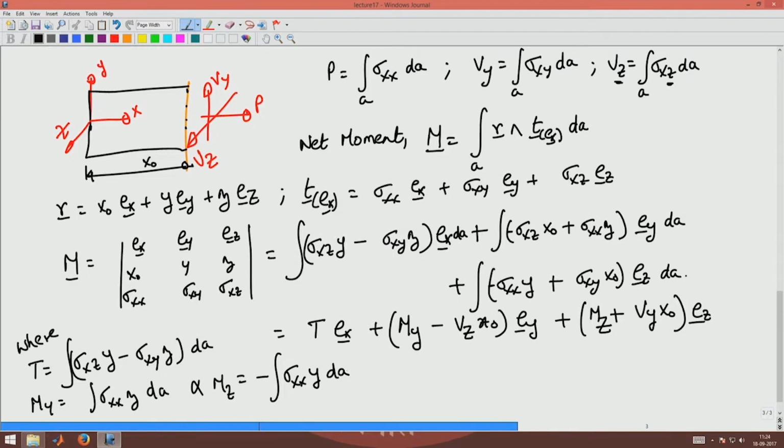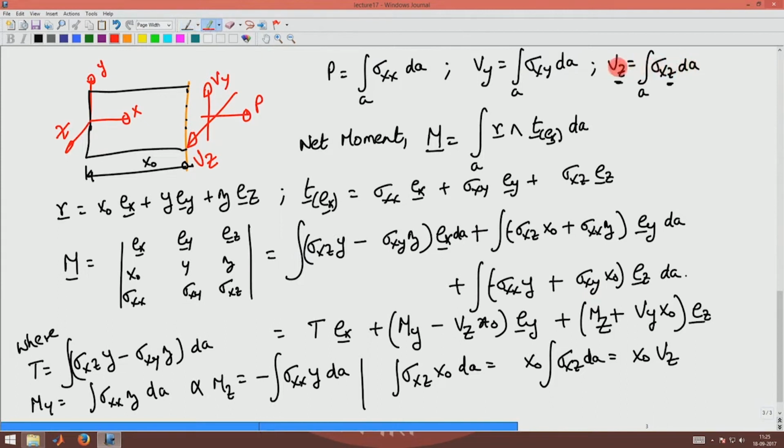Now this x naught is a constant, so since x naught is a constant, integral of sigma xz x naught dA can be written as x naught into integral of sigma xz dA, which will be x naught into Vz, from the definition that integral of sigma xz dA is Vz.